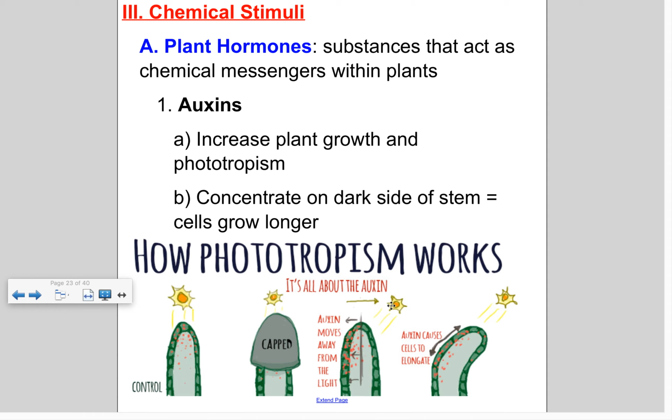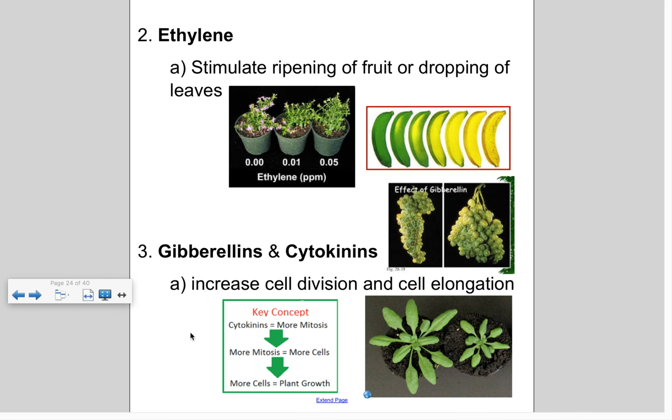So auxins move away from light and cause cells to elongate so that the plant bends toward the light. That's the phototropism part. And auxins also increase plant growth, as mentioned in that short YouTube clip yesterday about tropisms.